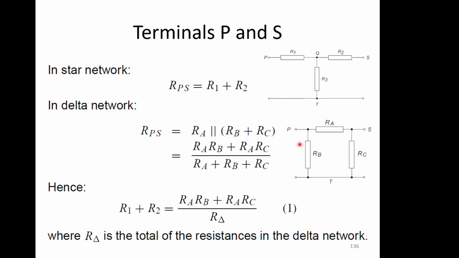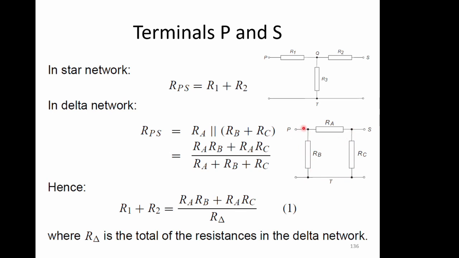And in the delta network, if we did the same thing and connected between P and S and asked what's the resistance looking in through here, then you can see that any current coming into here can either go through RA and out through S, or it can come in, go through RB, around here, up through RC and then out of S. So we've got a current divider going on in here. So we've got RA, and these two stripes here mean in parallel with. So that's RA in parallel with RB plus RC, because RB and RC are in series as far as the current is concerned.